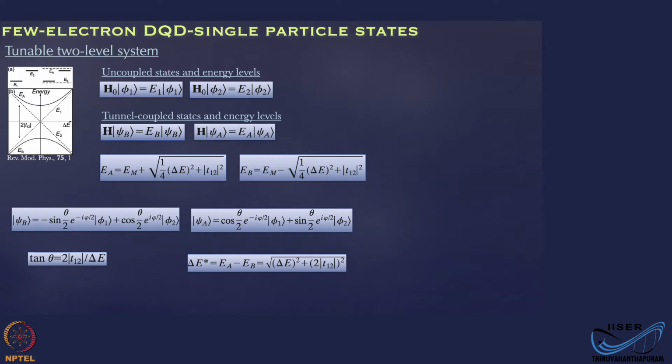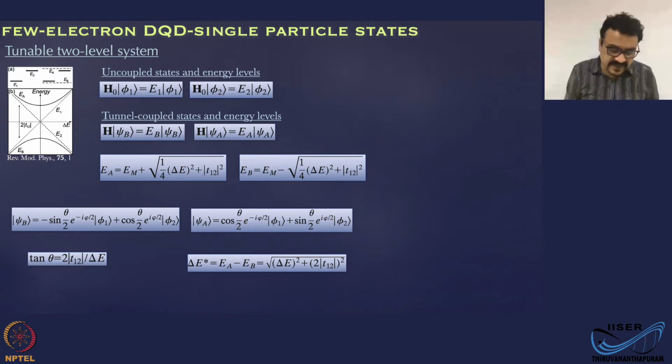These are very simple mathematics which you have worked on, I'm pretty sure you have worked through this in some of the lectures in chemistry or even quantum mechanics. And this psi B and psi A are the wave functions for bonding and anti-bonding. The psi B and psi A are actually linear combinations of phi1 and phi2, with some phase term.